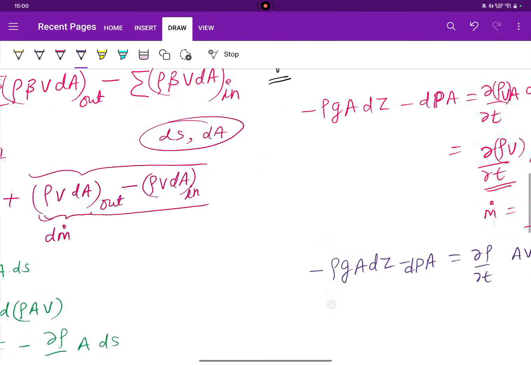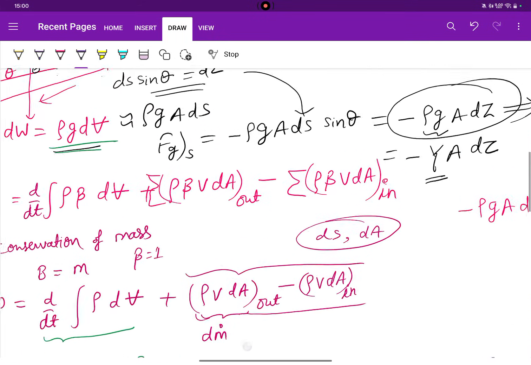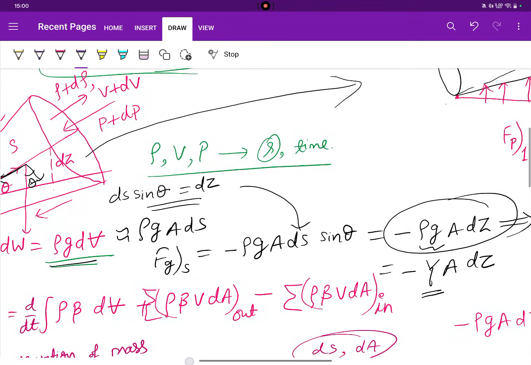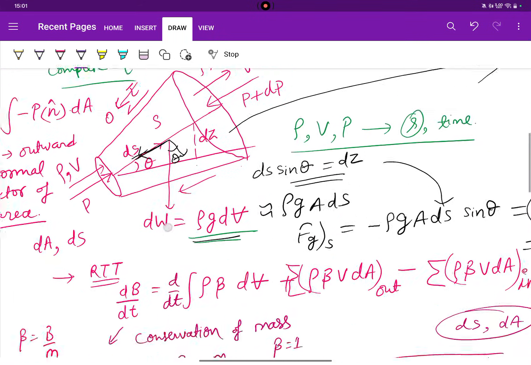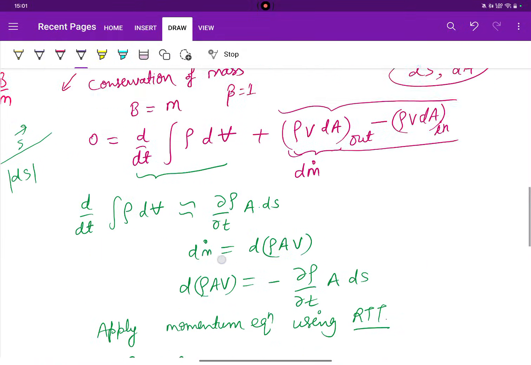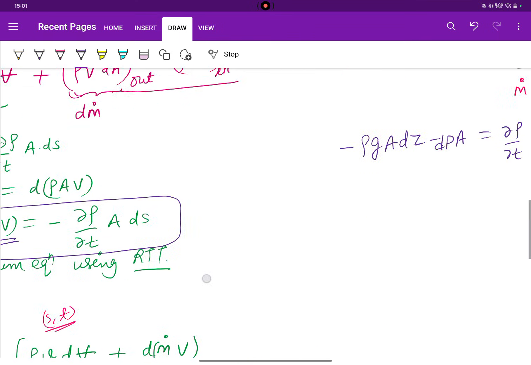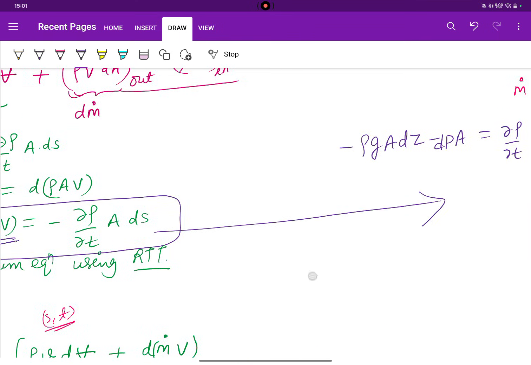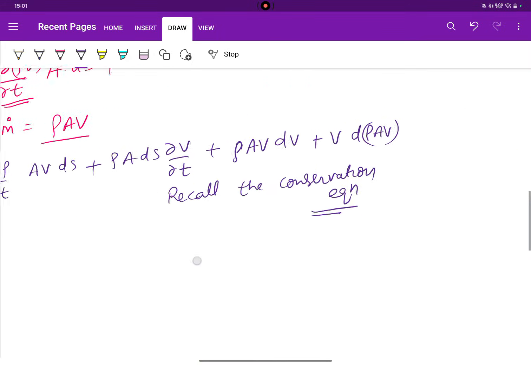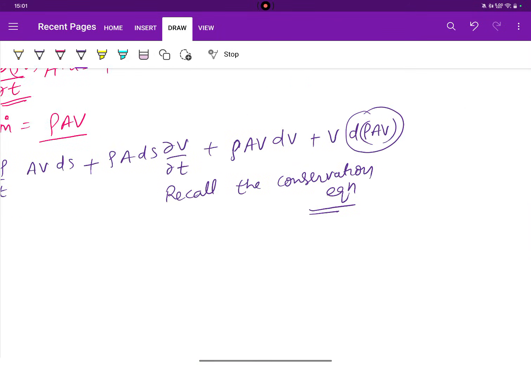Okay, you will recall the conservation equation. What have you derived? What did we do? Yeah, okay, this one. So d rho av is equal to this, and d rho av is equal to what?